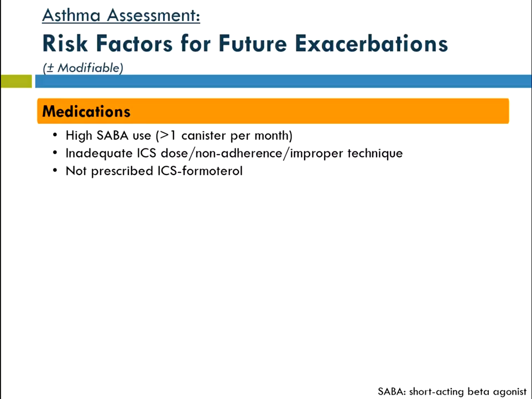Okay? So medications, using a short-acting beta agonist more than one canister per month. How many of y'all work in community pharmacy? How many of y'all know how many puffs are in albuterol? 200.